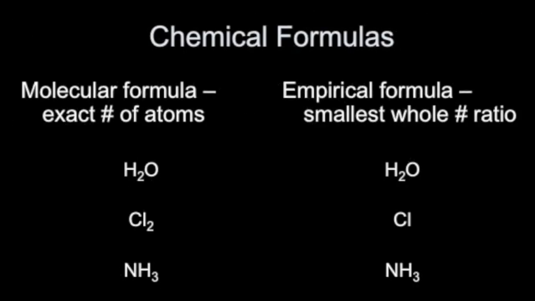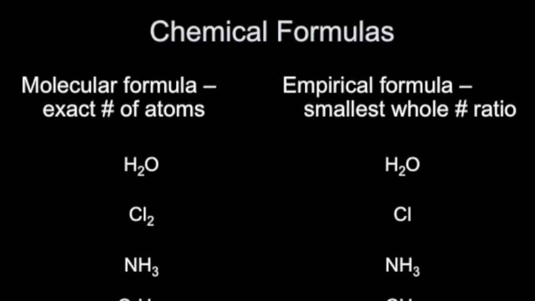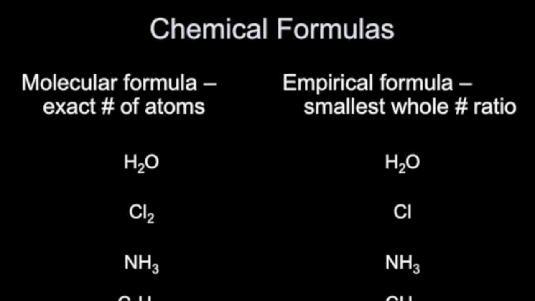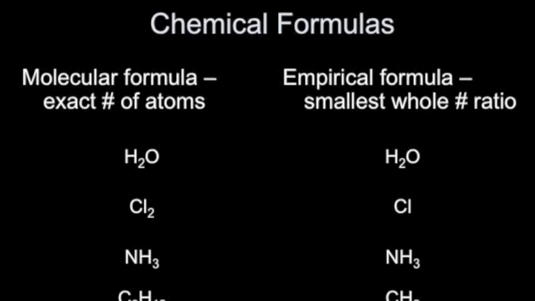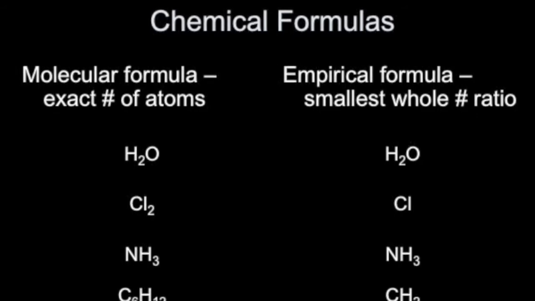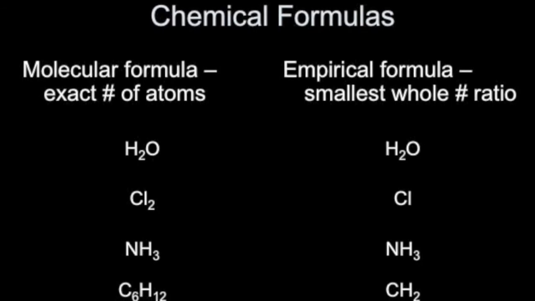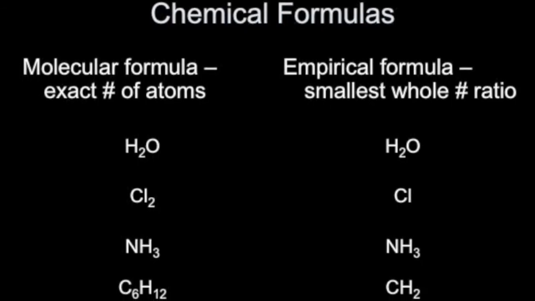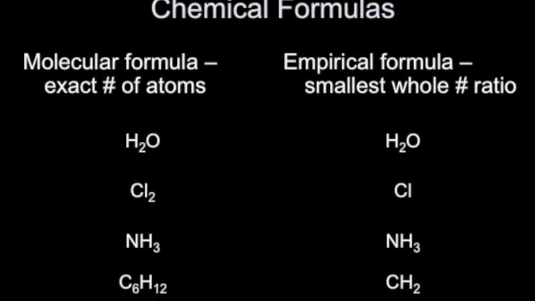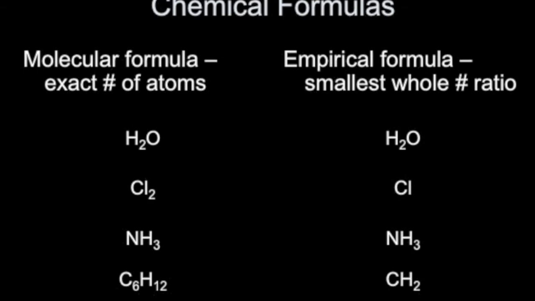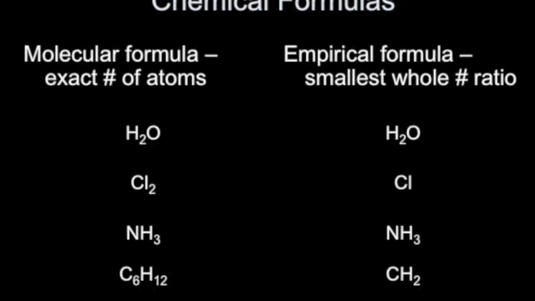For example, water has a molecular formula of H2O. That's the smallest whole number ratio between those, so its empirical formula is also H2O. Or we look at chlorine: its molecular formula in its atomic state is Cl2, but its empirical formula would just be Cl, so there's a difference. Ammonia, NH3, has the same empirical formula. Now if we get into some organic, larger molecules, we have a compound C6H12.